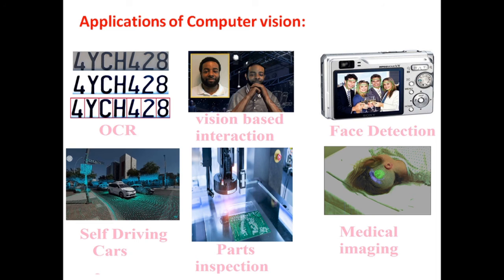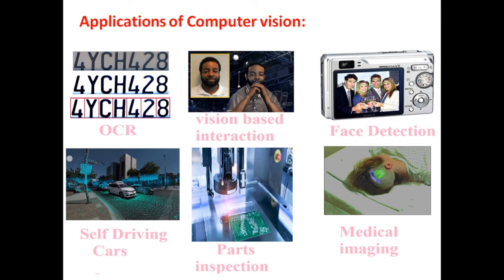As I have said, it is an interdisciplinary field. Like optical character recognition, such as number plate recognition, or machine inspection. For example, if any part in the machine is faulty, by using computer vision we can do the machine inspection analysis.